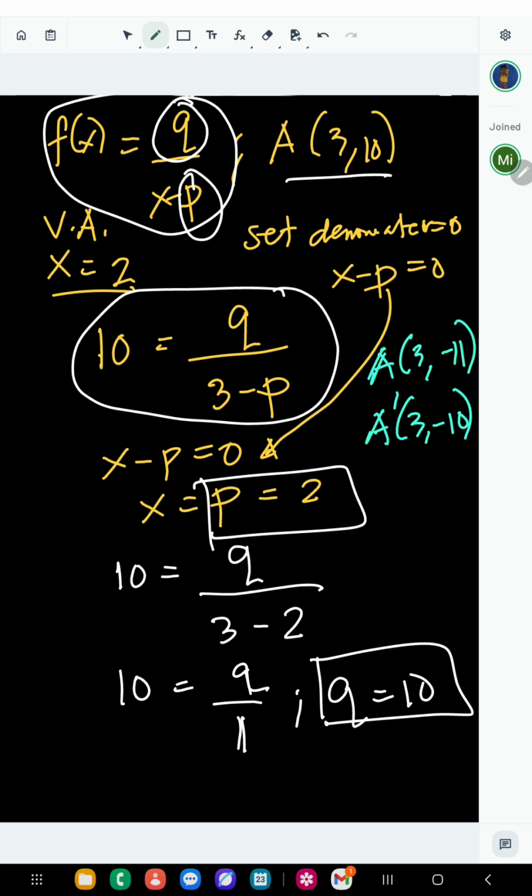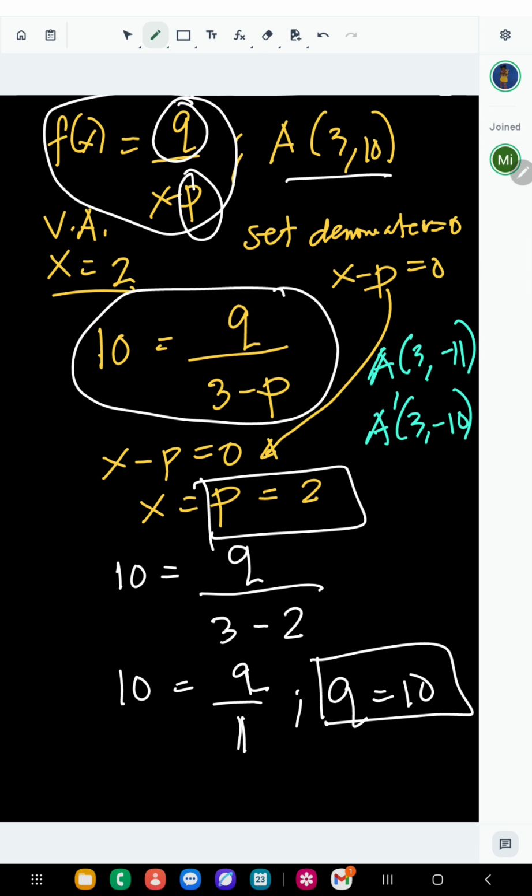So that means you just add -1. What's that? Horizontal shift to the right? To the right when it's minus? I will check on this because the graph is not really that clear.